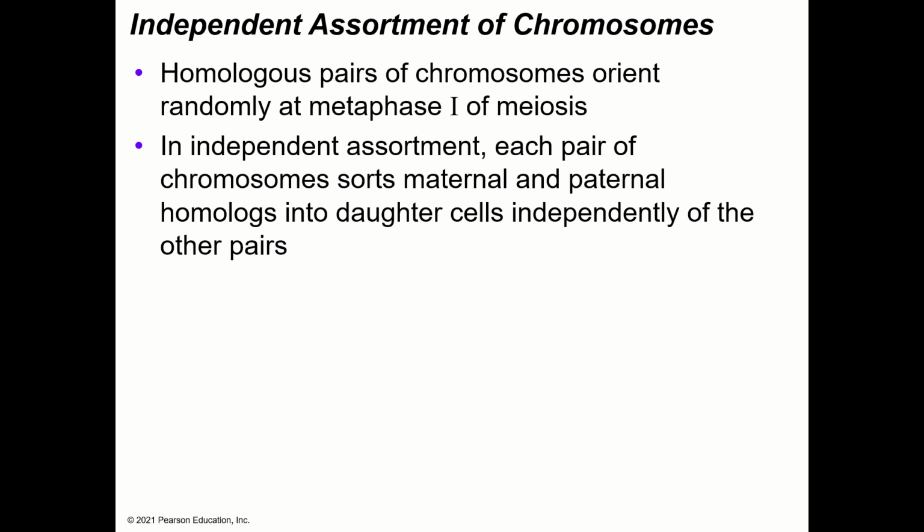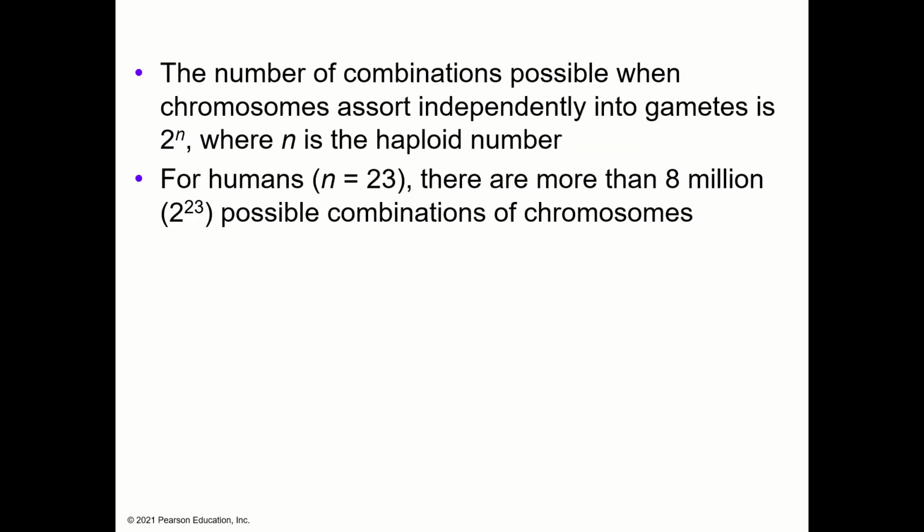Independent assortment of chromosomes. Homologous pairs of chromosomes orient randomly at metaphase I of meiosis. In independent assortment, each pair of chromosomes sorts maternal and paternal homologs into daughter cells independently of the other pairs.